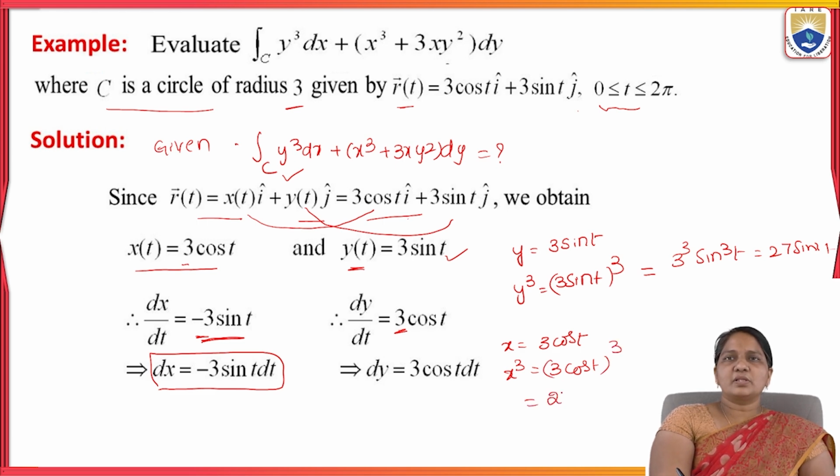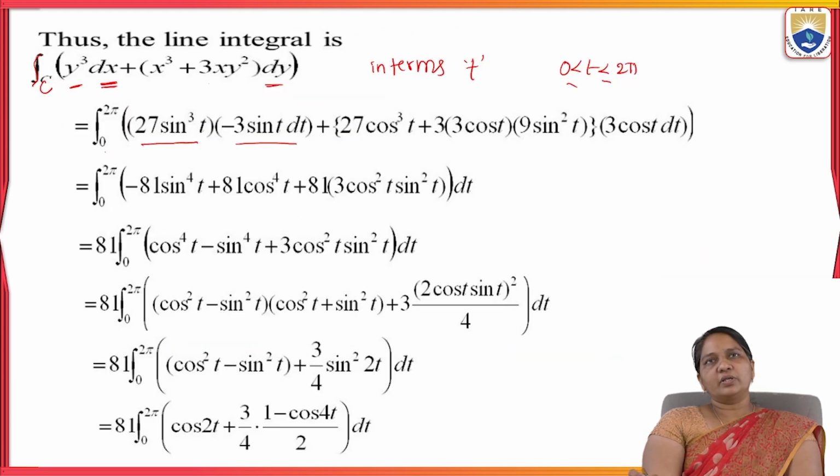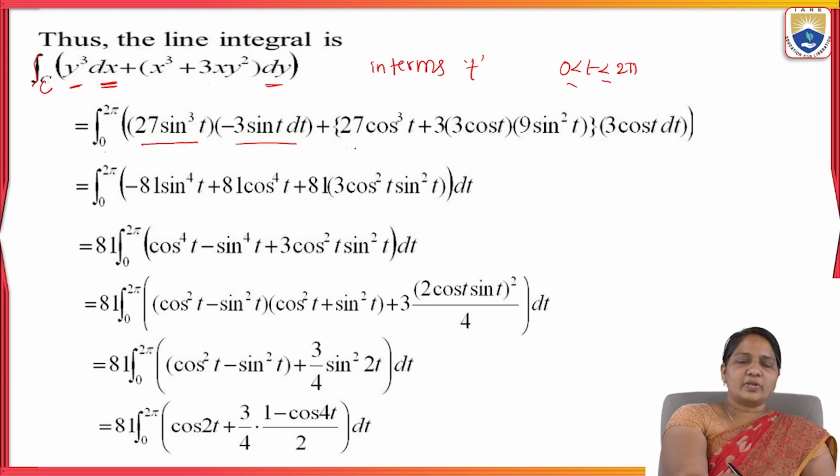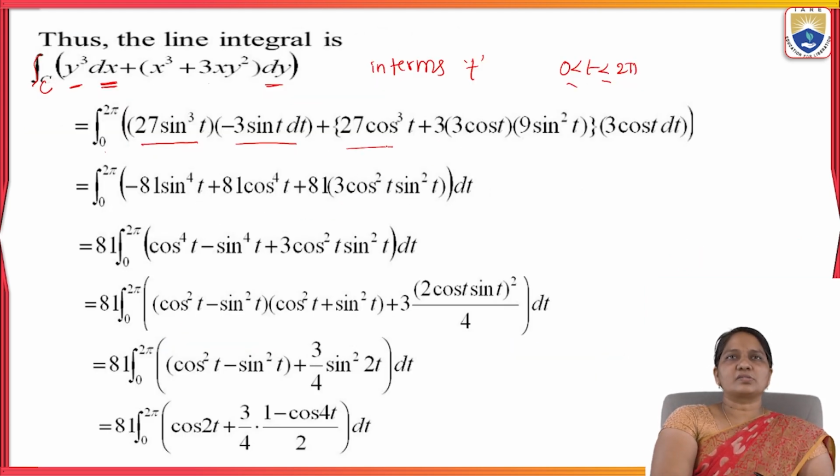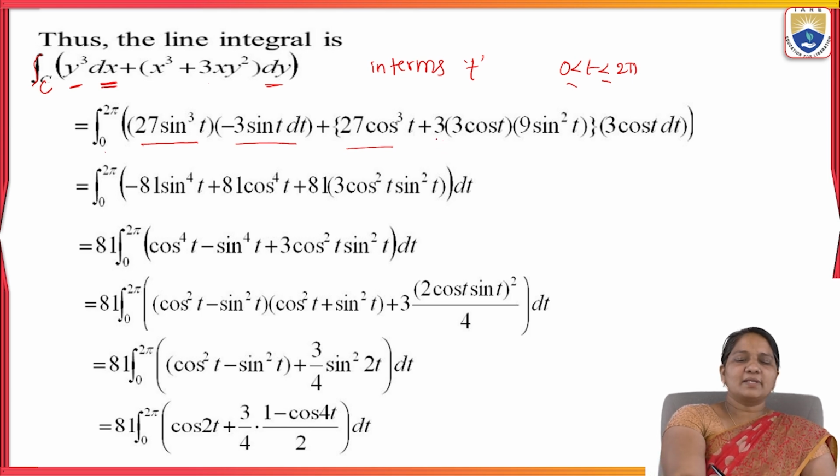So 3 cube is 27 and this is cos cube t. So in place of x cube, we are writing 27 cos cube t plus 3. Here 3 into x value is 3 cos t, and y square is 9 sin square t.